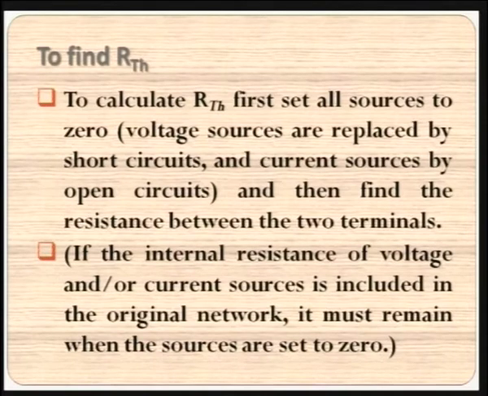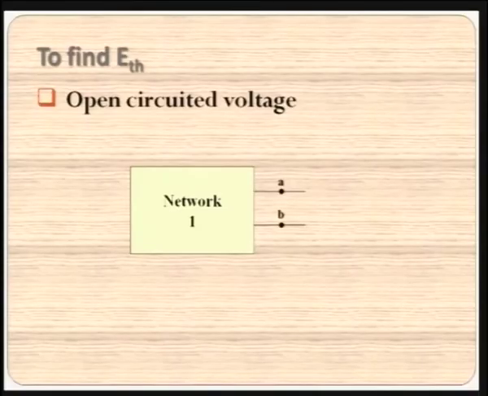If the internal resistance of the voltage and/or current sources is included in the original network, it must remain when the sources are set to 0. So, the Thevenin resistance is found by the short circuiting of the two terminals. Let us see what short circuiting means.